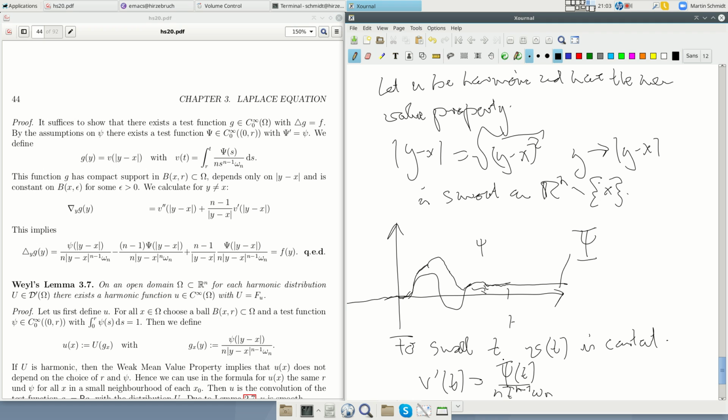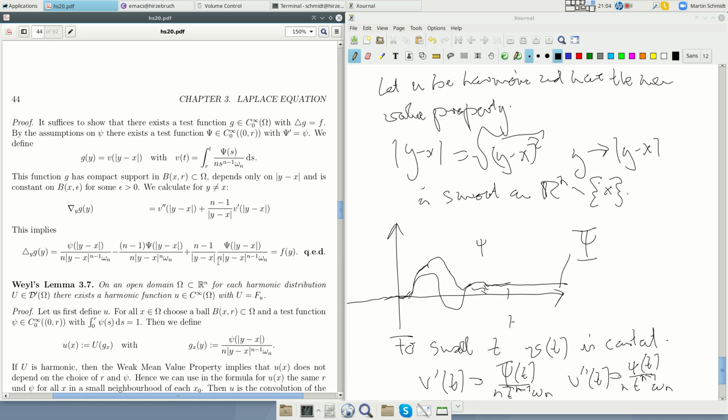This is the first derivative. If we take the second derivative, phi double prime of t, then we get one term: the derivative of small psi, psi of t divided by n times t to the n minus 1 omega n. And then we should also take the derivative here, then we get an n minus 1 over n times t to the n minus 1 omega n.